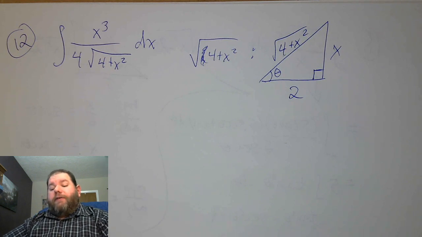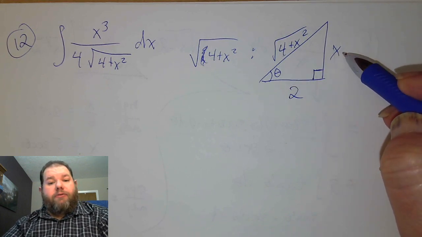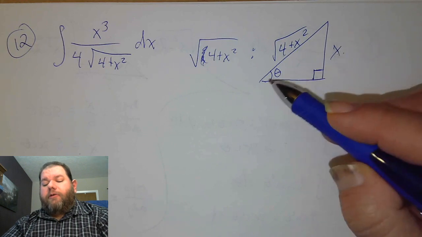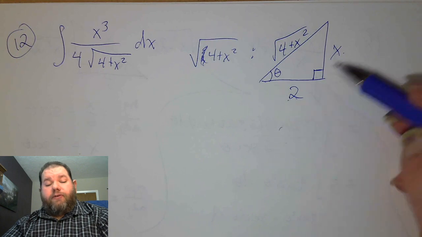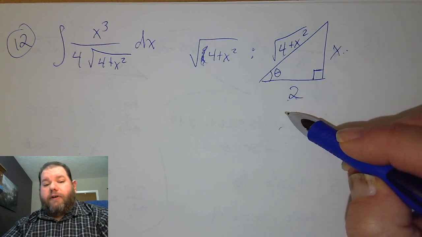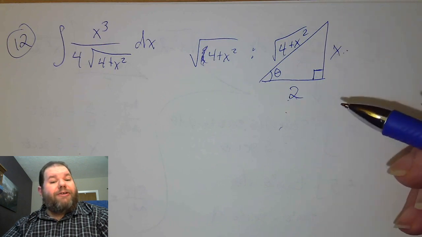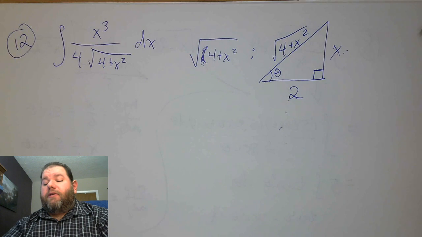The reasoning is this. If we want to find x, we want to use x over 2. X over 2 in this case is opposite over adjacent, which is tangent of theta. If we had switched those two and put 2 here and x here instead, we would have adjacent over opposite, which is actually cotangent rather than tangent.